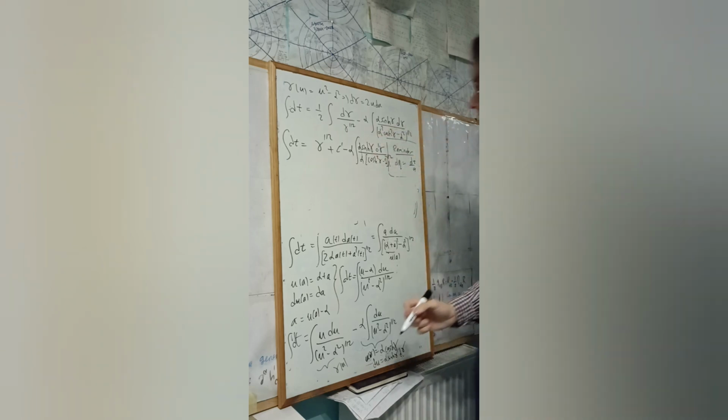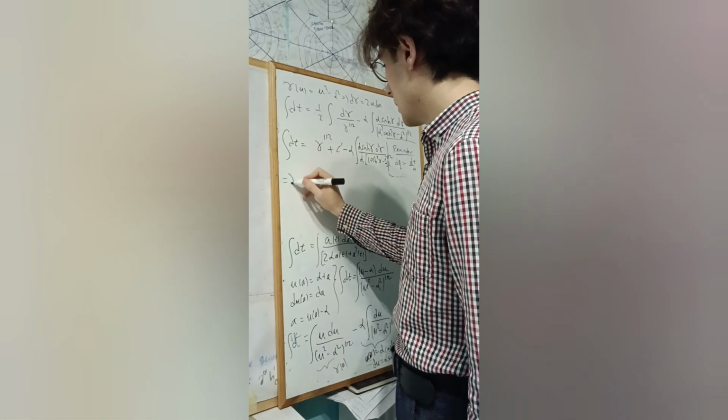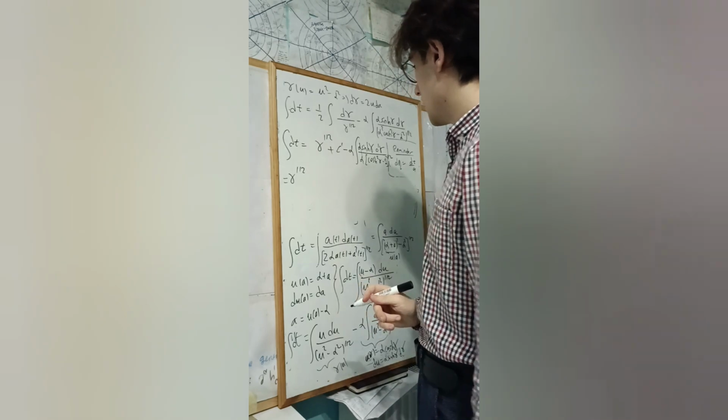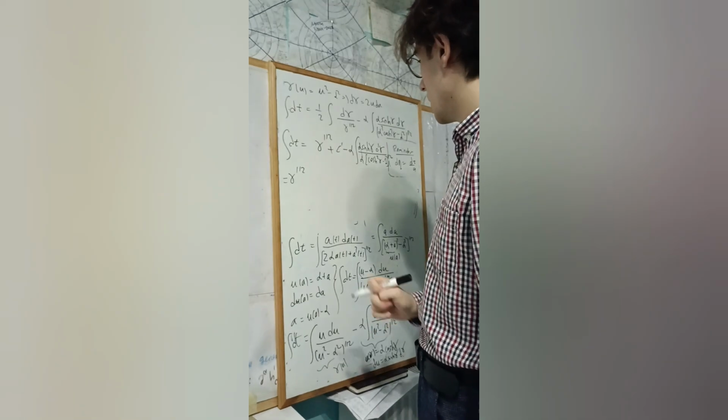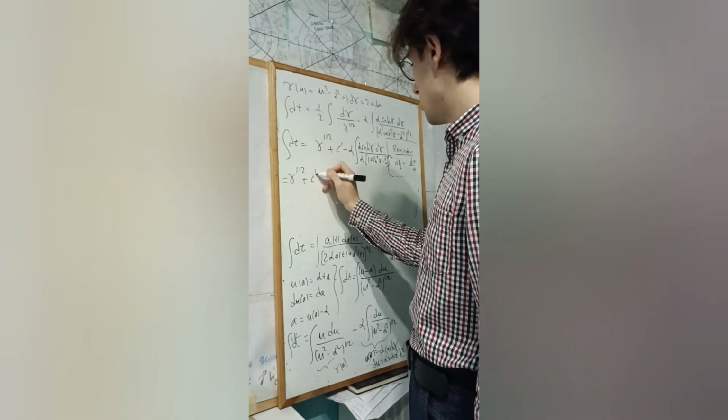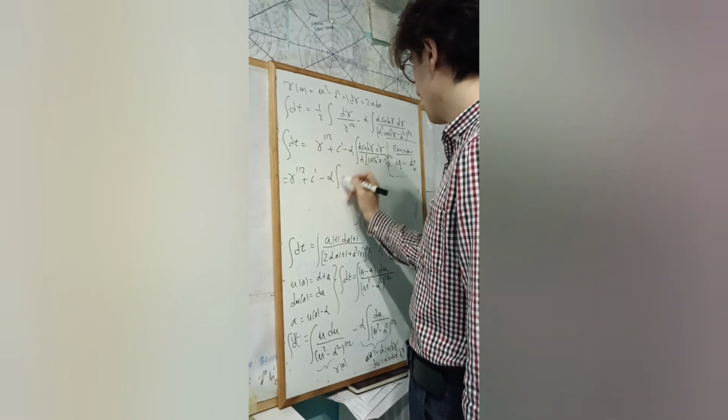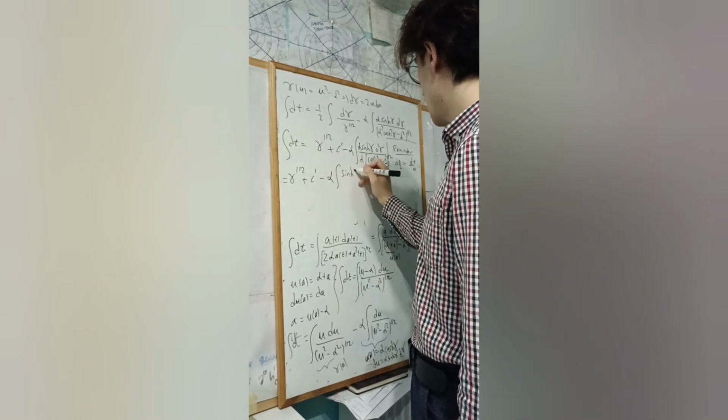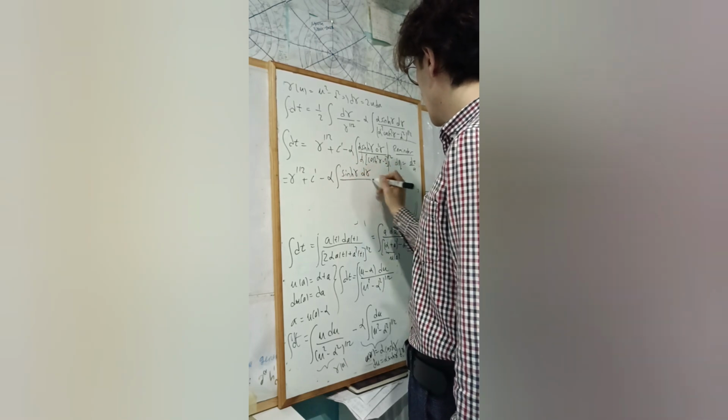These things will be gone. We have gamma to the 1/2 plus c prime minus alpha sinh gamma d gamma divided by.